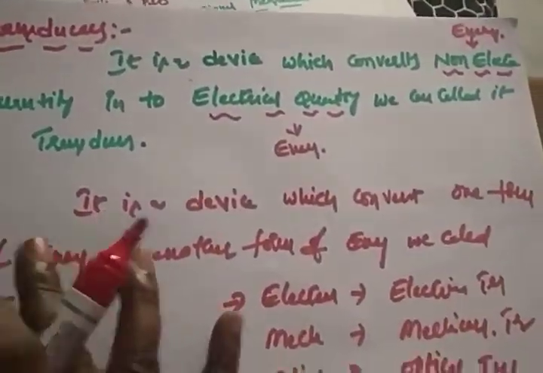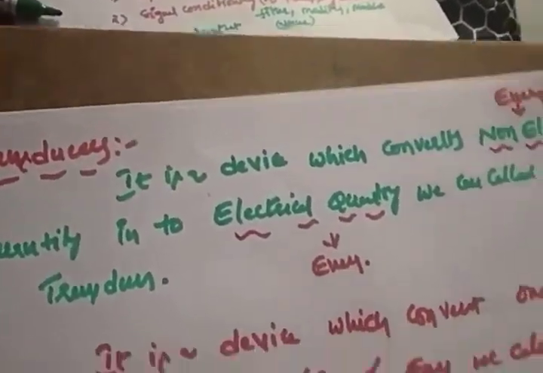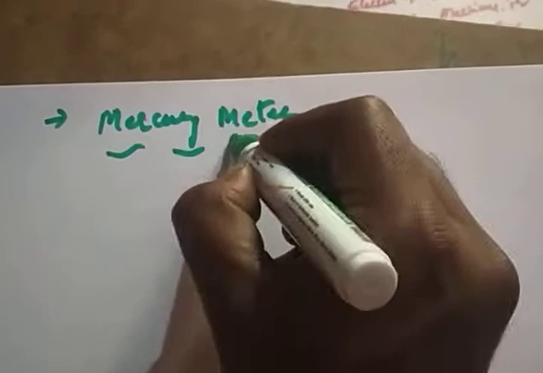Alright, so this is the definition of a transducer. Now we'll go for some examples of a transducer. Suppose you know the mercury meter, which is one type of transducer, right?